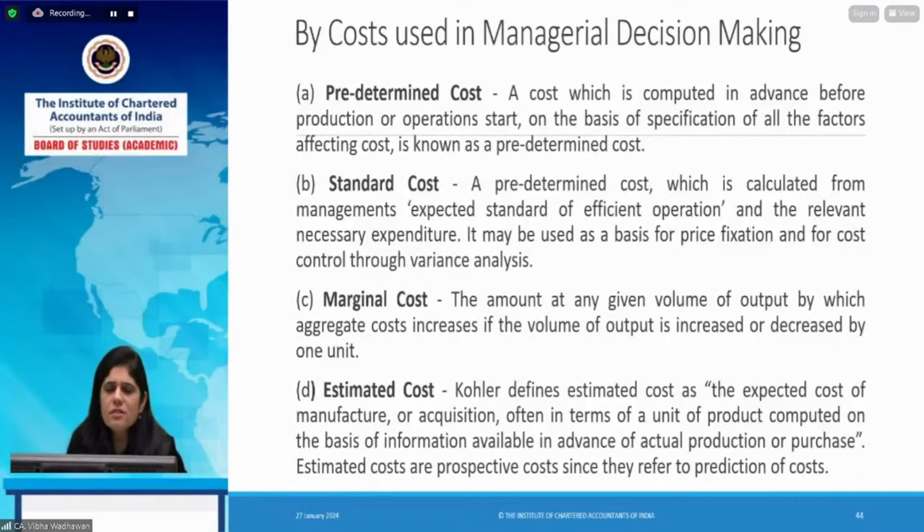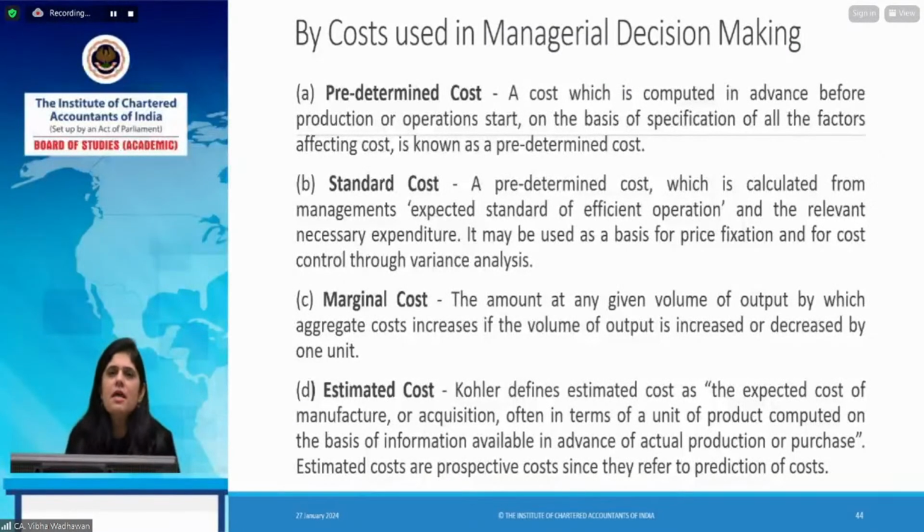Costs which we use in managerial decision making, sometimes they come as predetermined cost. Clear? Predetermined cost is something which is estimated, which we project before the production starts. There are two types of predetermined cost: estimated cost and standard cost. Predetermined cost is what we predetermine before production starts, thinking that this should be the cost. Now, estimated cost is a pure estimate, a vague estimate, but standard cost is not so vague.